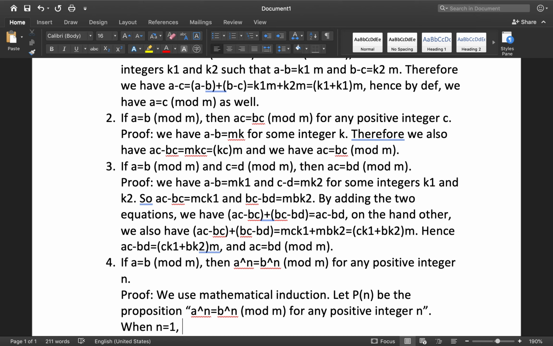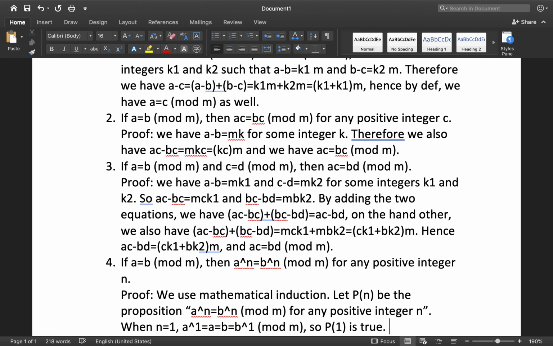When n equals 1, a to the power 1 is just a, but by the given condition, we know a must be congruent to b. So you have a congruent to b, and b is just b to the power 1. So you have it trivially, so it must be true.